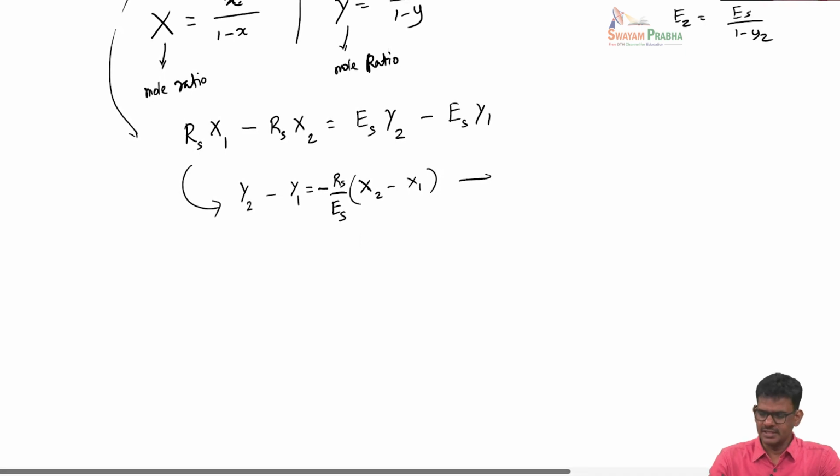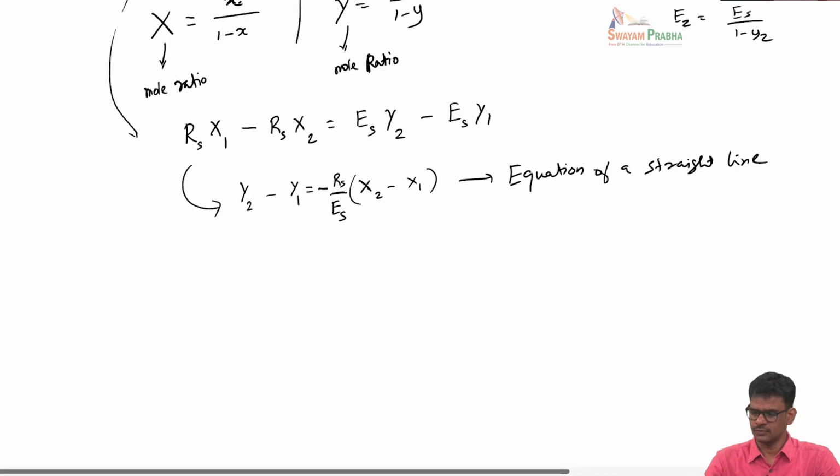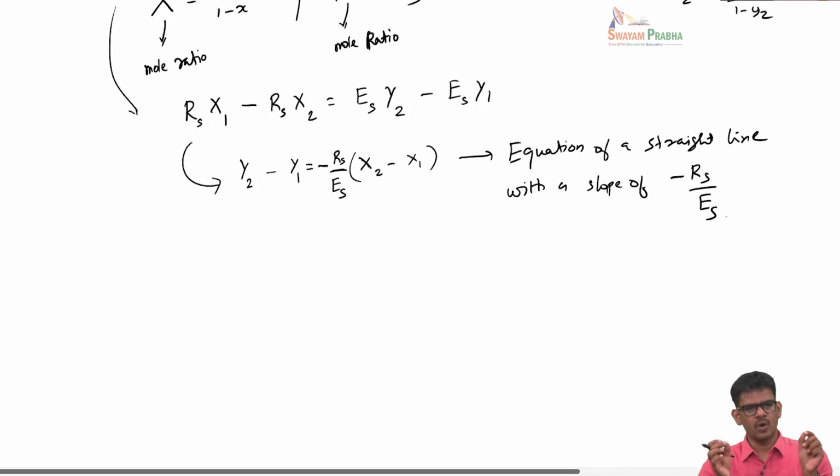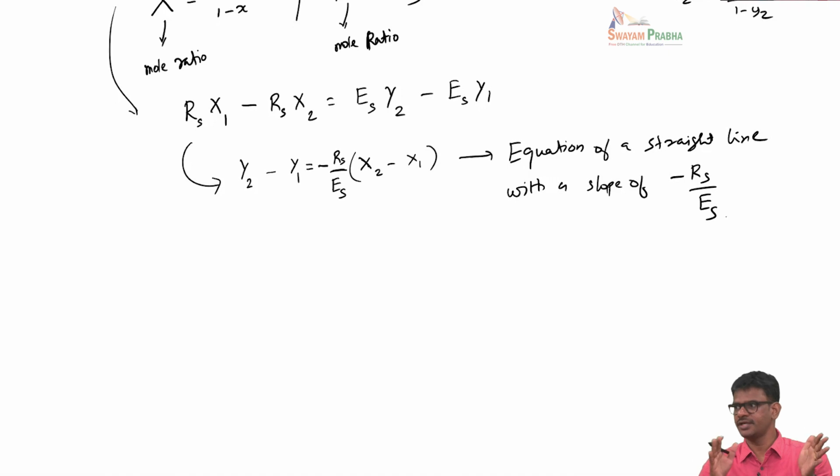So this is basically an equation of a straight line, with a slope of minus Rs by Es. Here I used 1 and 2 as two points at the entry and exit.